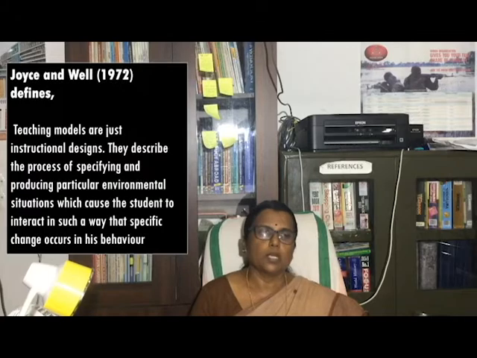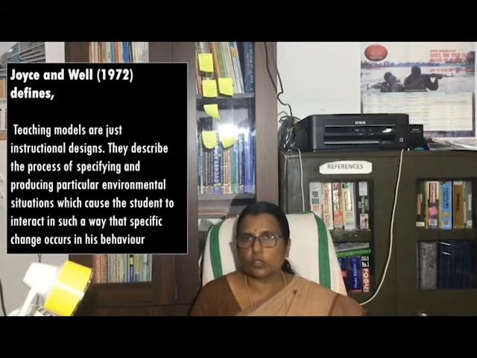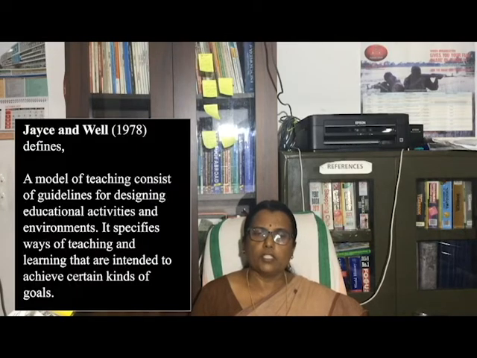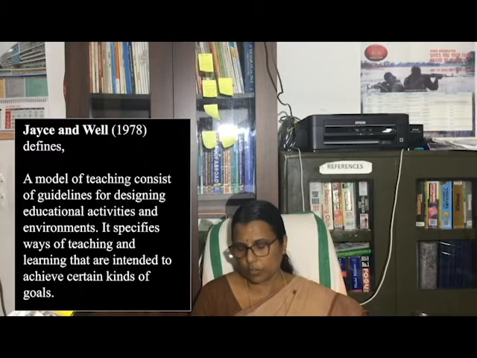They describe the process of specifying and producing particular environmental situations which cause the student to interact in such a way that specific change occurs in his behavior. Joyce and Weil define a model of teaching as consisting of guidelines for designing educational activities and environments. It specifies ways of teaching and learning that are intended to achieve certain kinds of goals.